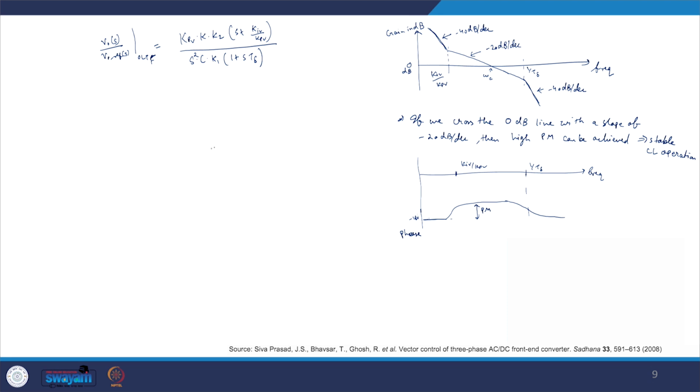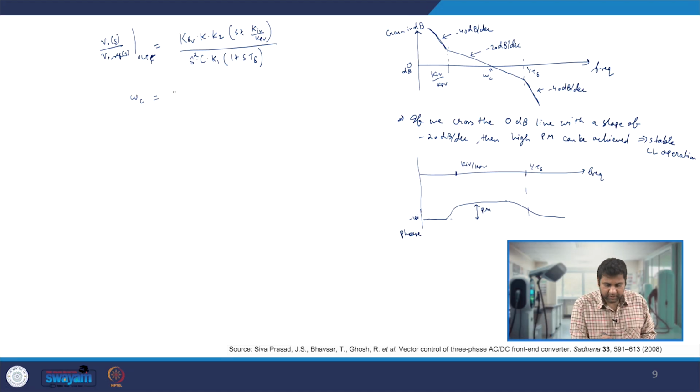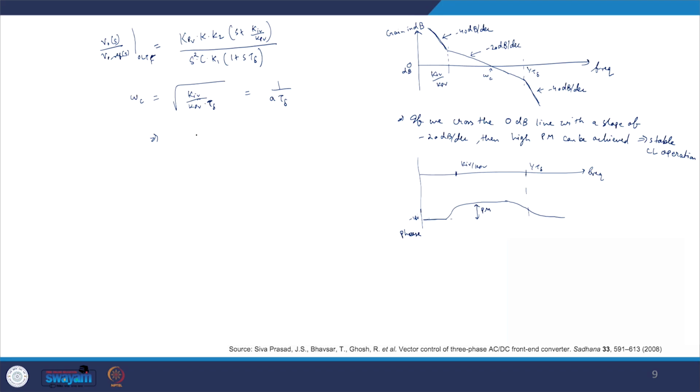So one possibility could be we can put this 0 crossing at the geometrical mean of this 0 and pole. This is one possibility, so that we can find some relationship, where we get KIV by KPV into T delta, and let us define this 0 crossing as some factor A times 1 by T delta, and if we work it out, we will get A square T delta to be equal to KPV by KIV.